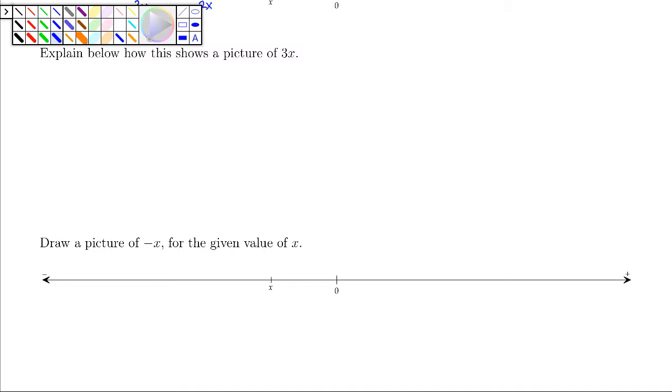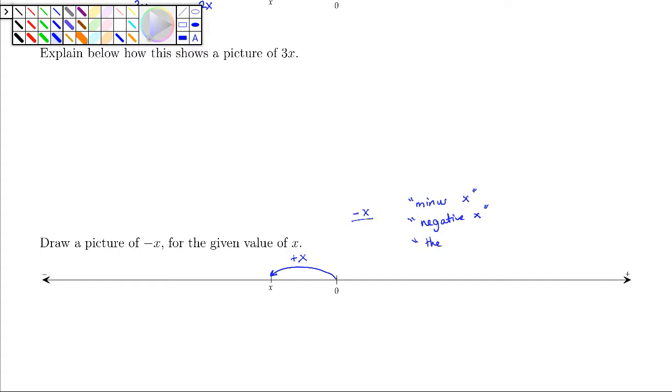Now, here is a copy of x. Now there are different ways of reading this. How would you read this quantity out loud? You could read it as minus x. You could read it as negative x. Or you could read it as the opposite of x.